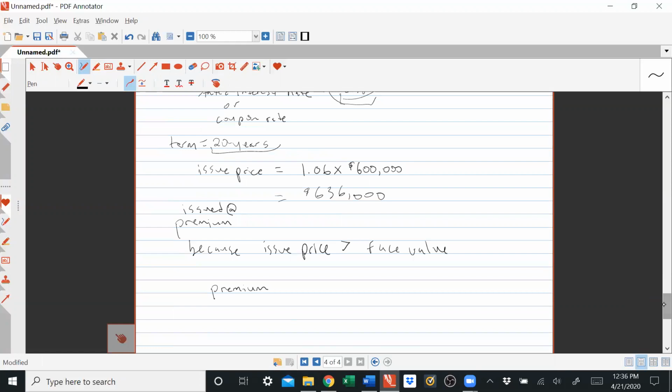Therefore, there's a premium. So the premium is the issue price minus the face value. And so it's equal to the $636,000, what the borrower receives, minus what the borrower promises to pay back at the end of the bond term.